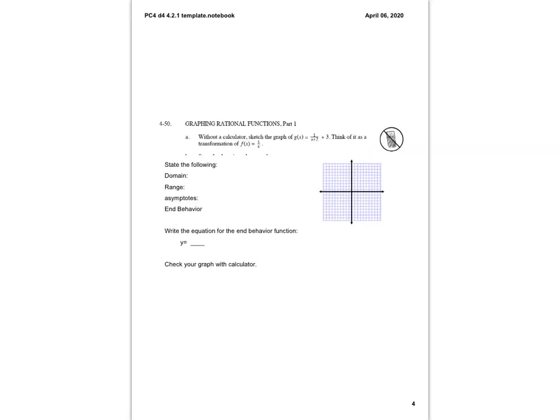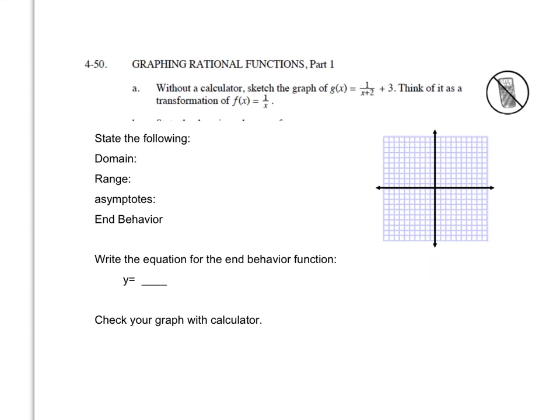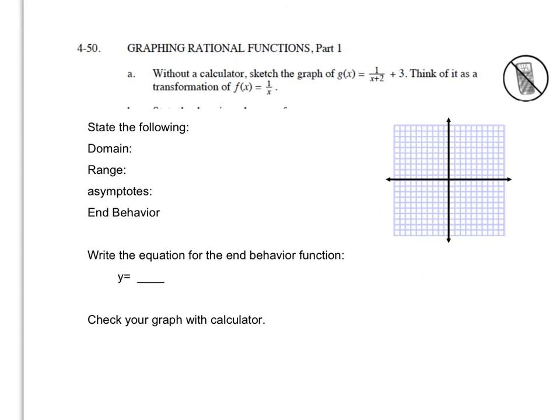So if we use that equation, 1 over x, and then take a look at a graph of 1 plus 1 over (x + 2) plus 3, what we're really doing is taking f of x equaling 1 over x, and we are going to create two transformations.